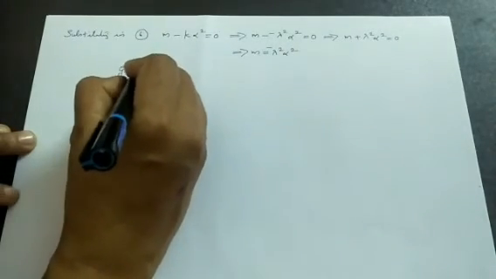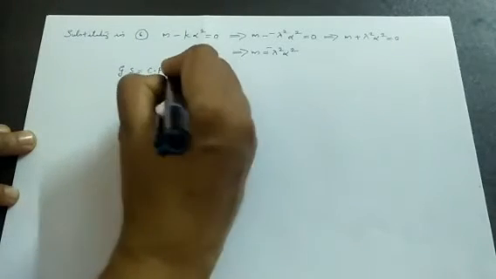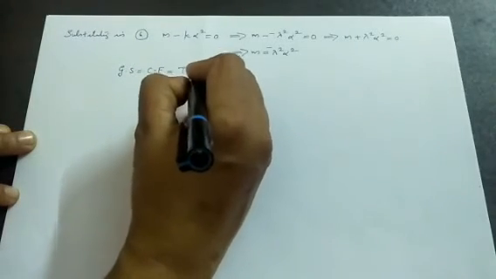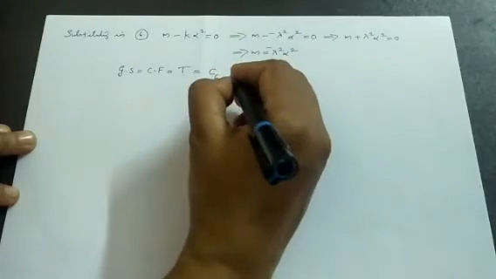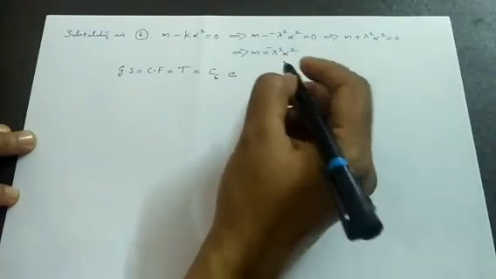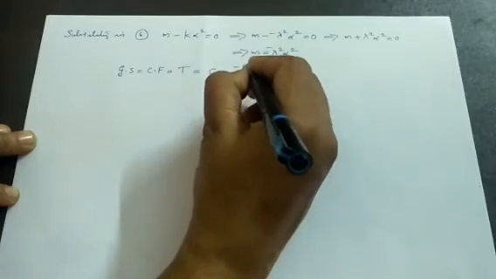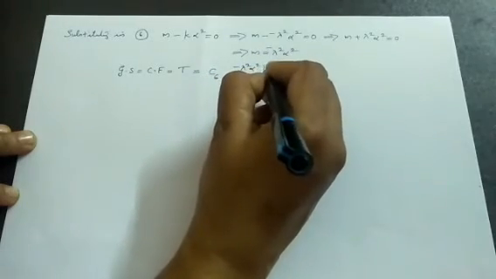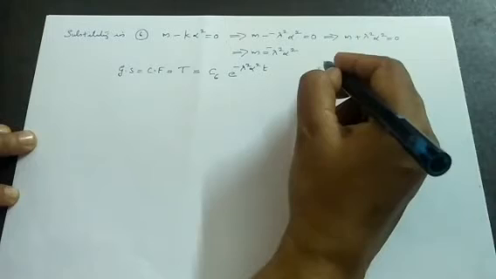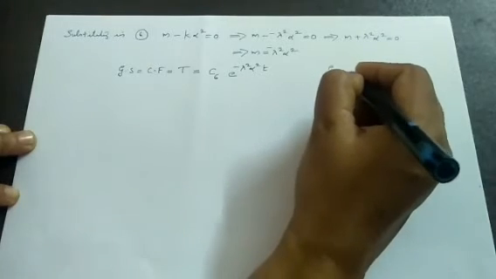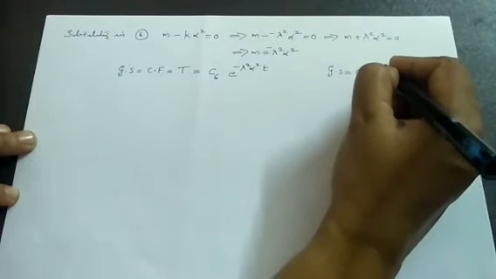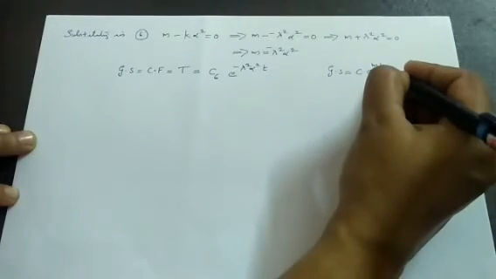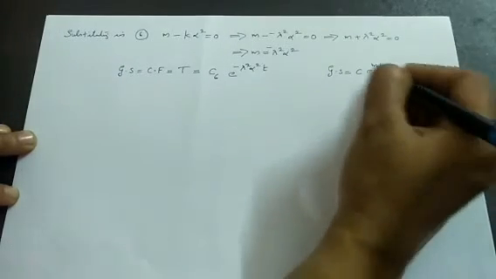Therefore, the general solution or complementary function can be written as T equal to c6 e raised to m t, that is minus lambda square alpha square into t. Actually, the general solution will be of the form c e raised to m t, instead of x we have t.